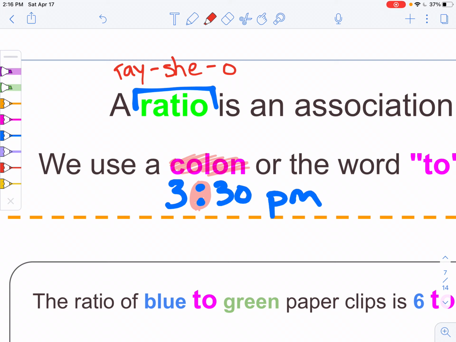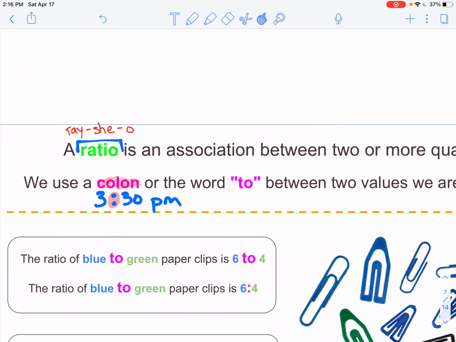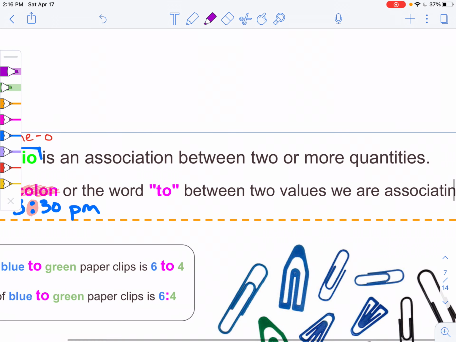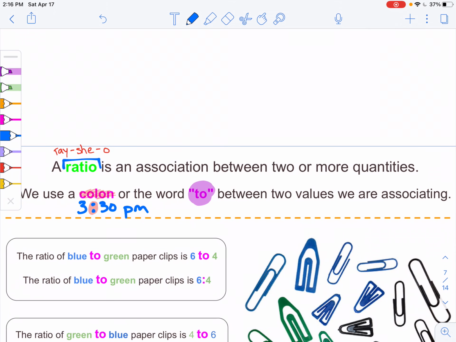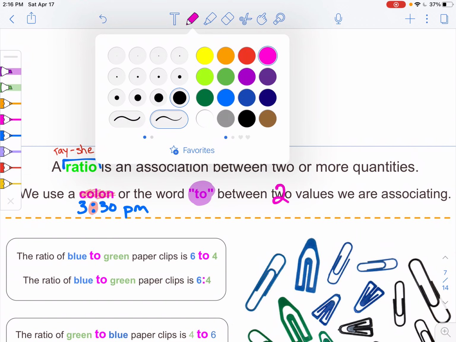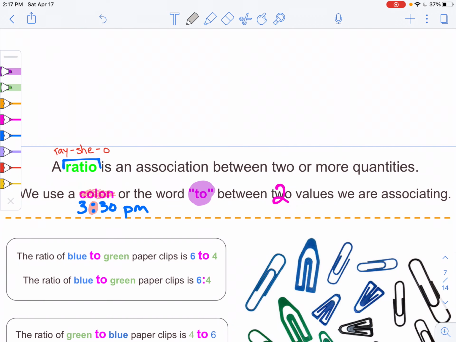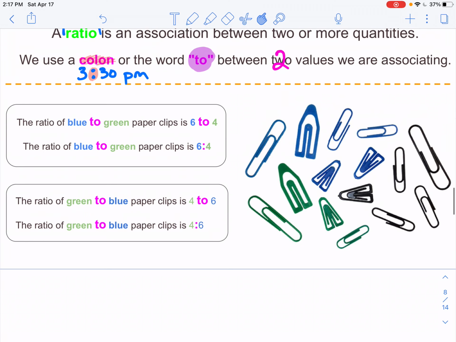So we can either use a colon or we can use the word to, T-O, between 2 values that we are associating. Again, this sounds really complicated. It is a lot easier than it sounds, and let me demonstrate that by going through some examples.